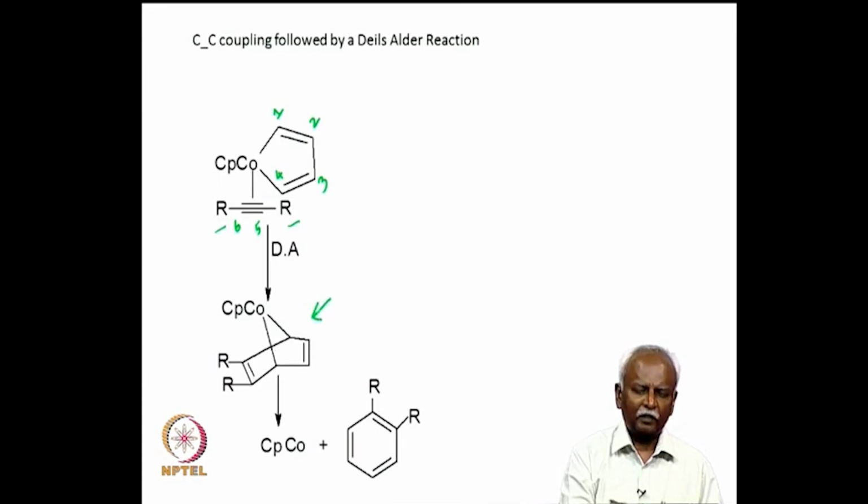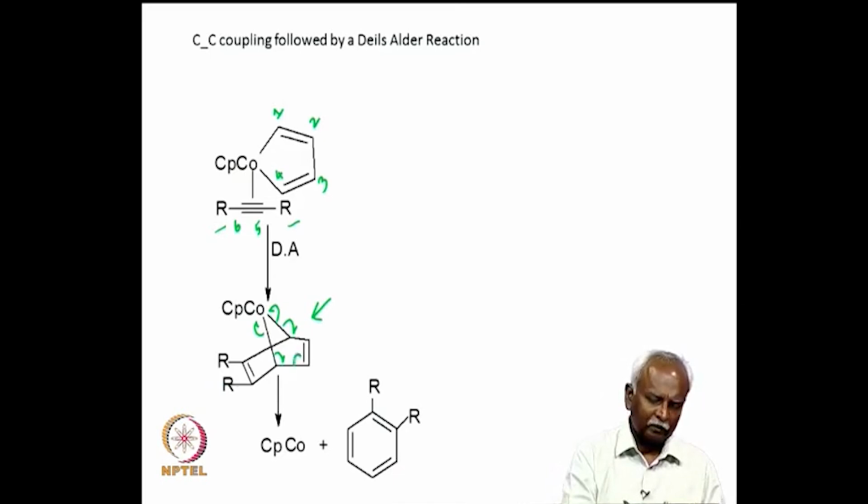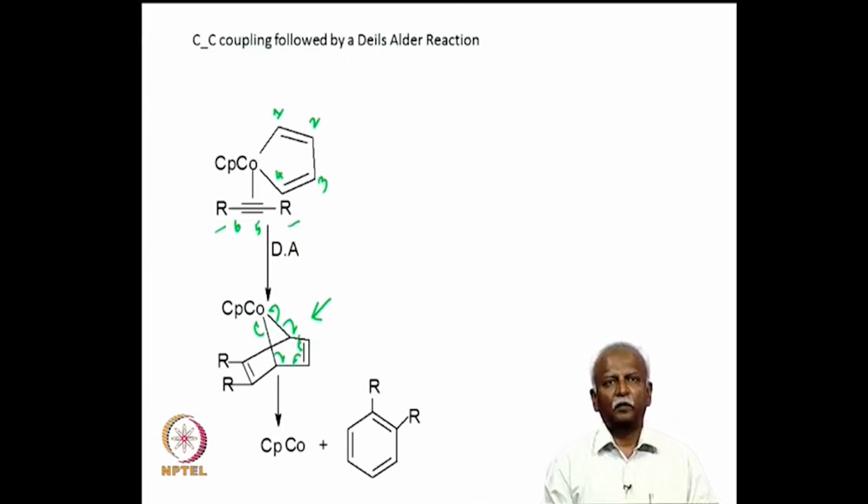This bicyclic intermediate can again do a cycloreversion reaction or a reductive elimination. And so, in this particular instance, you have to transfer one electron from here and 1 electron from here, resulting in the formation of 2 new pi bonds and the formation of the stable aromatic ring, such that you end up with a very nice aromatic system at the end of the reaction.